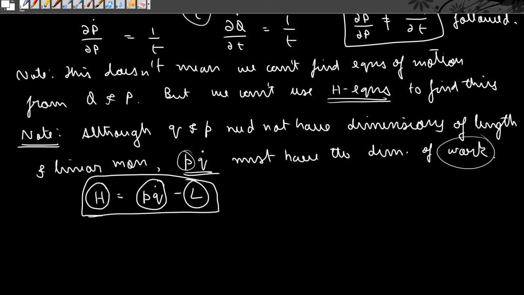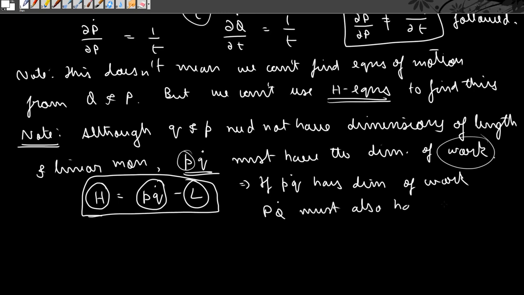So this implies that in order to find Hamilton's equations in terms of the new variables, we should be able to define a Hamiltonian H', which again should have the dimensions of energy, which means if PQ̇ has dimensions of work, the new variables PQ̇ must also have dimensions of work.